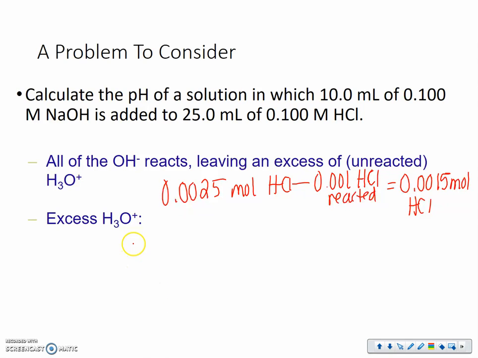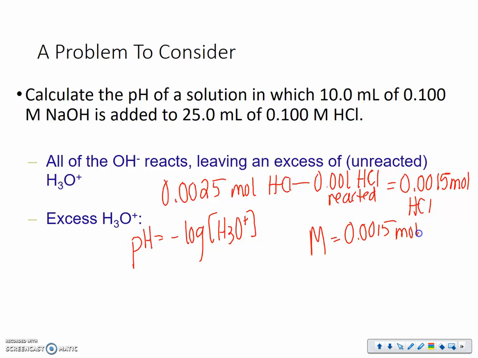So now what we want to do is figure out what the pH is. So remember, pH is calculated using this. We know how many moles of H3O+ or HCl we have, but I don't know the concentration. That's how many moles, but how much total volume do I have?